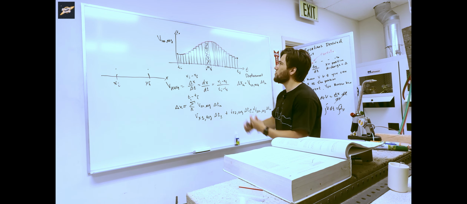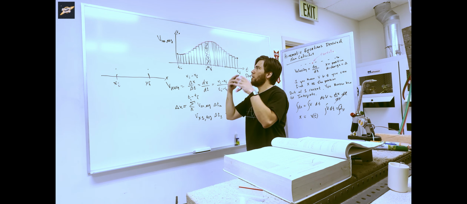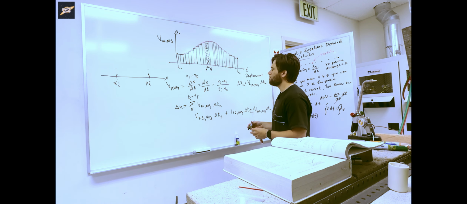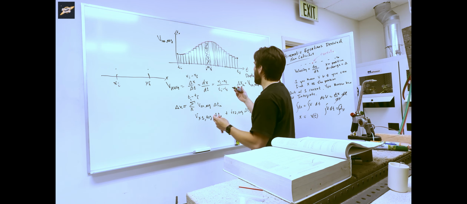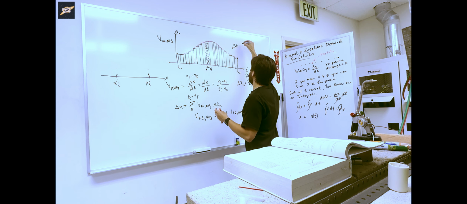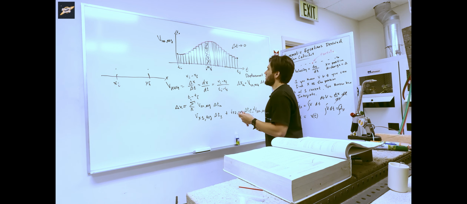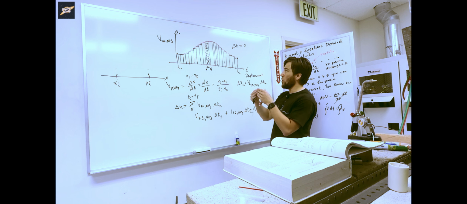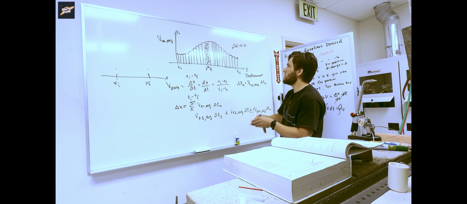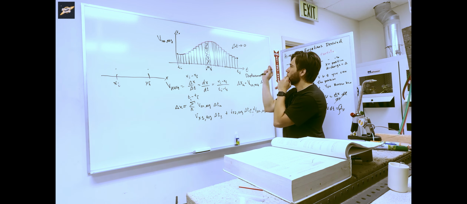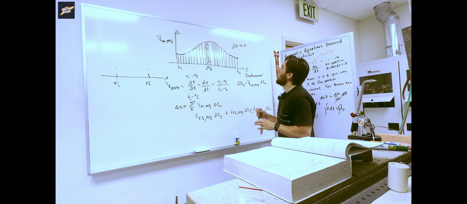Essentially you're trying to get a better approximation. What they're saying is delta t goes to zero. It doesn't actually go to zero, because then if it's zero, there is no area.